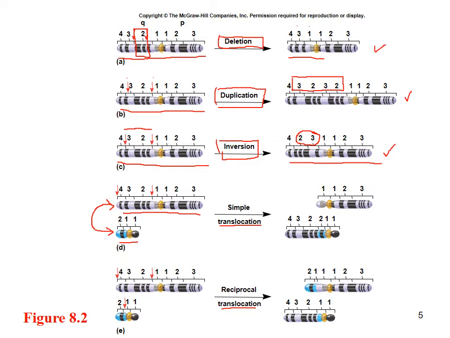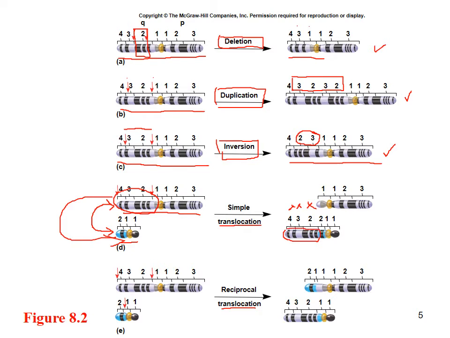In a simple translocation, we see that the material is removed from one and donated to the other. So if you come over here to the mutant, notice how this is all gone, and this particular area of genes has now been moved over to your non-homologous chromosome, right over here.